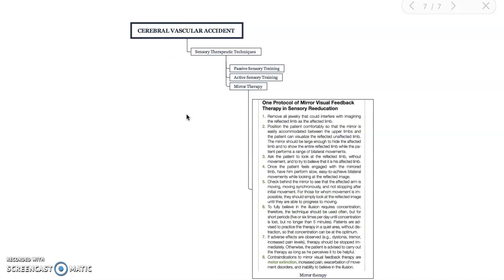And then for CVA, we found that passive and active are in this as well, on top of using mirror therapy to get that sensory re-education back. So this one is chapter 22 in Radomski if you want to reference this material.